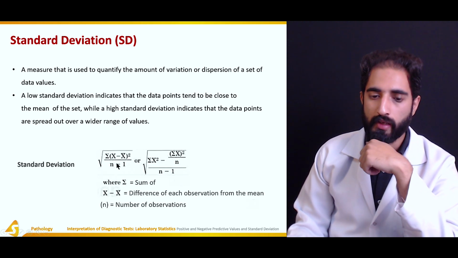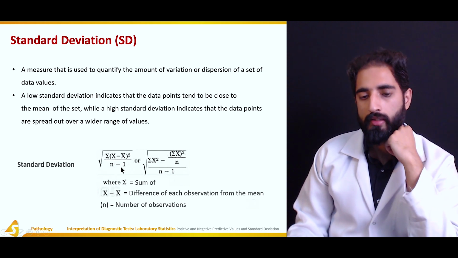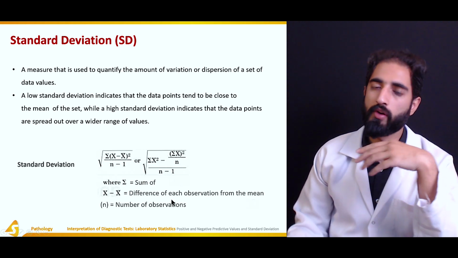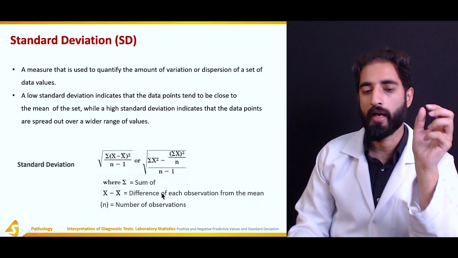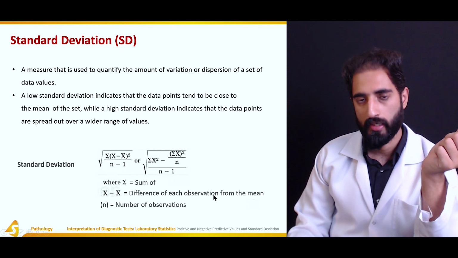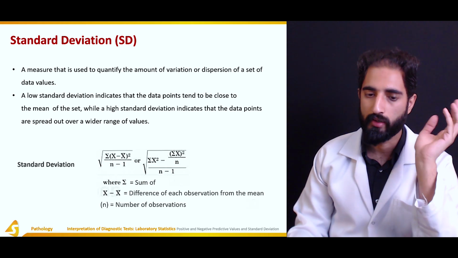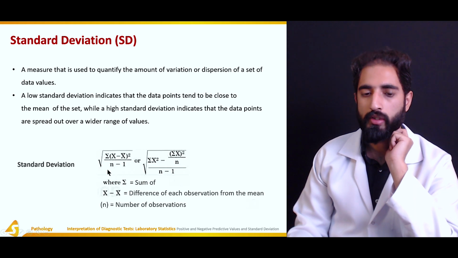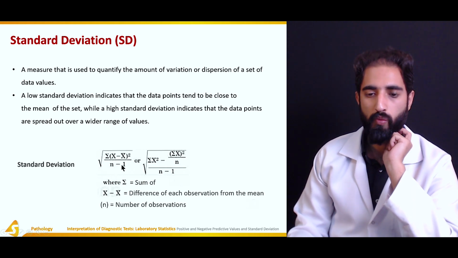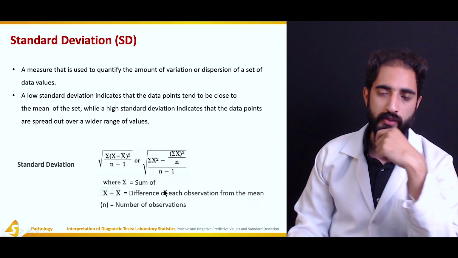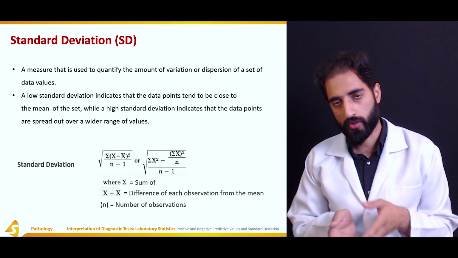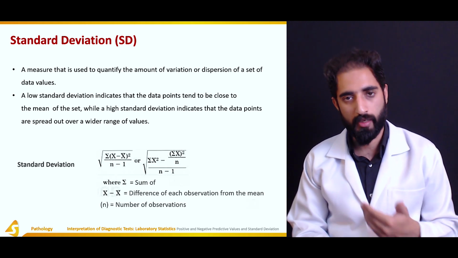What we do is we take the difference of each observation from the mean, square each of those differences and add them all up, and then that is divided by the total number of observations minus 1. That is how we calculate the standard deviation, and it is reported as, for example, if there is a mean of 10 and standard deviation of 2, it would be reported as 10 plus minus 2.